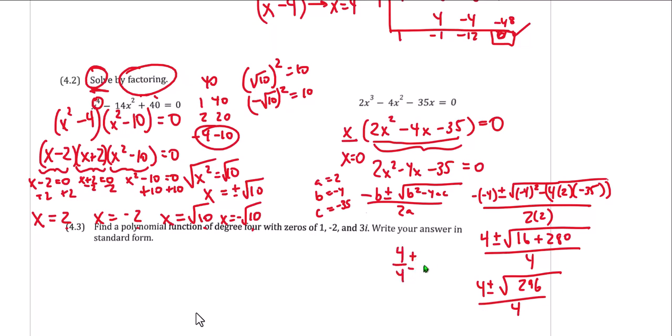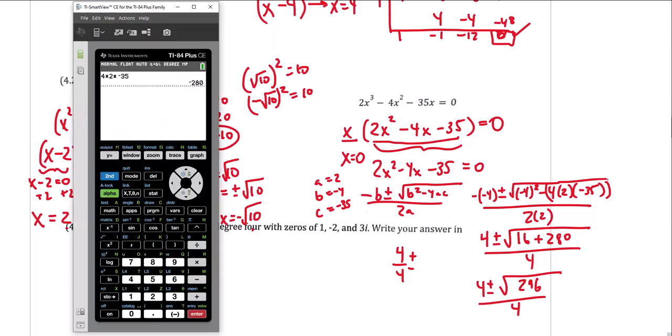So that's 4 over 4 plus or minus. What perfect square goes into 296? How about 4? Does 4 go into that? Yes.